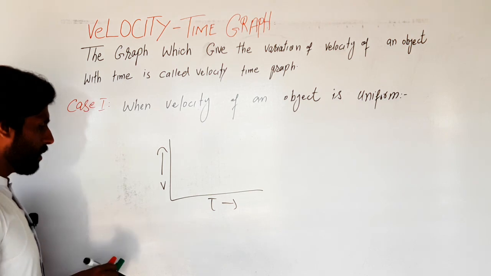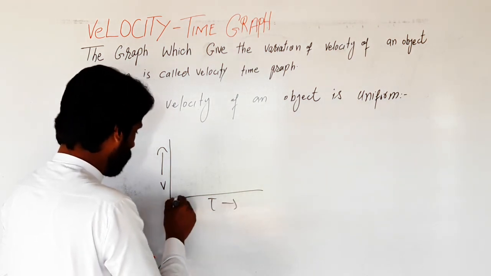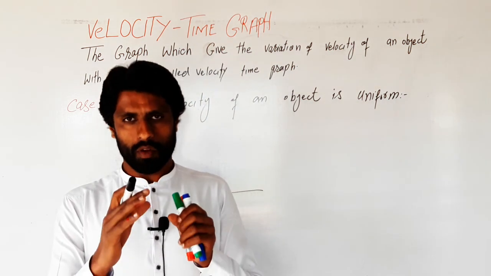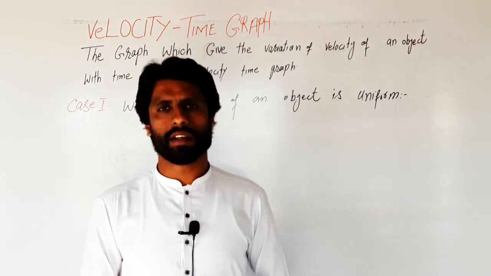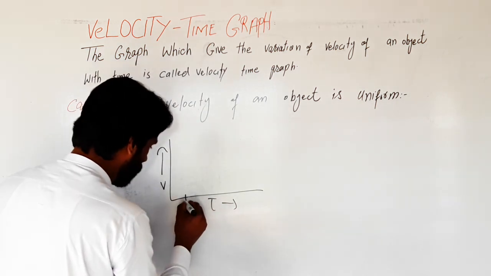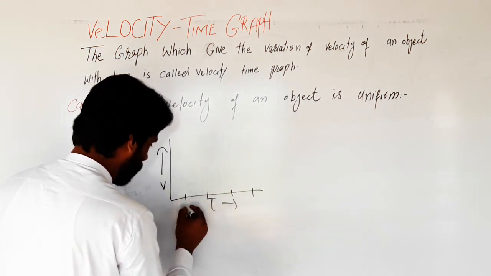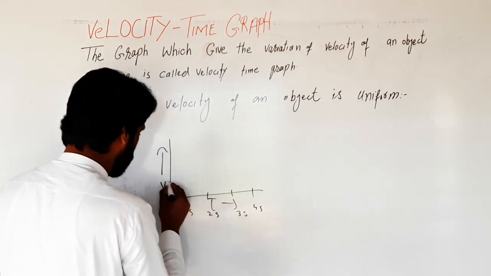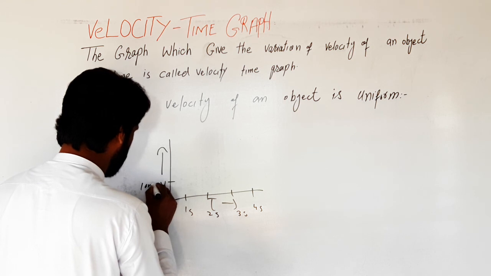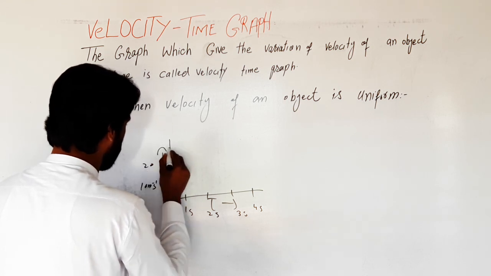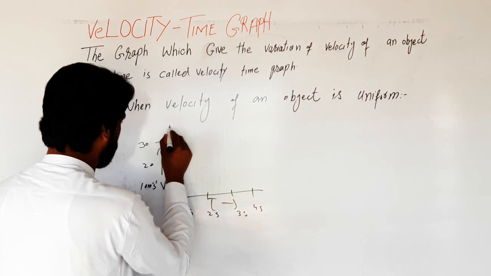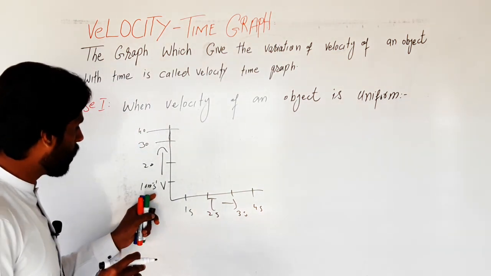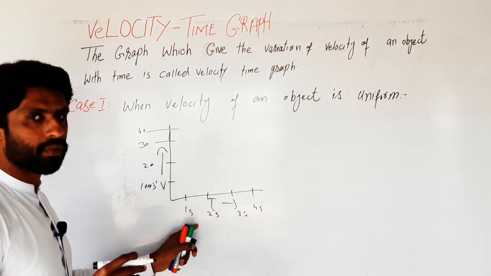In this condition, with the passage of time, in the same interval of time, the same amount of velocity varies. For example, at 1 second, 2 second, 3 second, 4 second, the velocity is 10 meter per second, 20 meter per second, 30 meter per second and 40 meter per second. The same amount of velocity varies in the same interval of time.